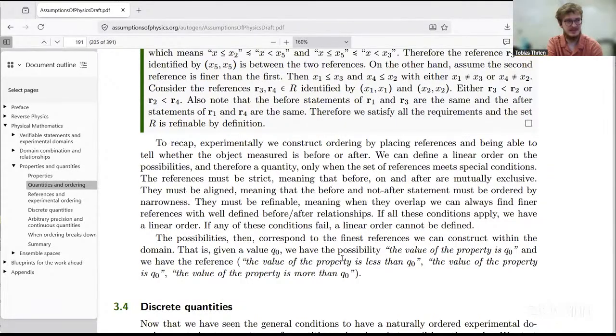For the rationals, you would need to be able to say, sometimes I can put a reference in between, and sometimes I cannot put a reference in between. So is there a sensible topology on the rationals at all? So here's the thing.